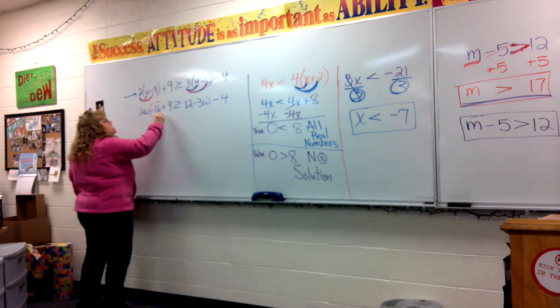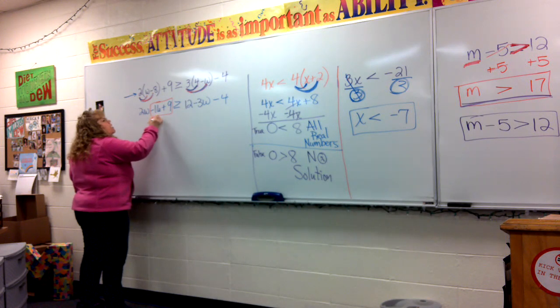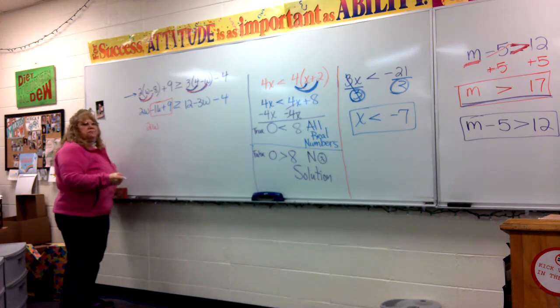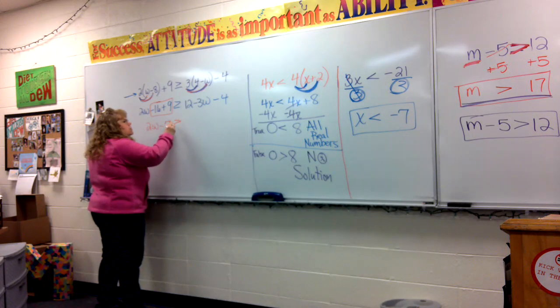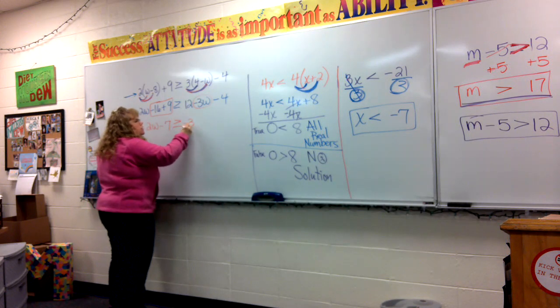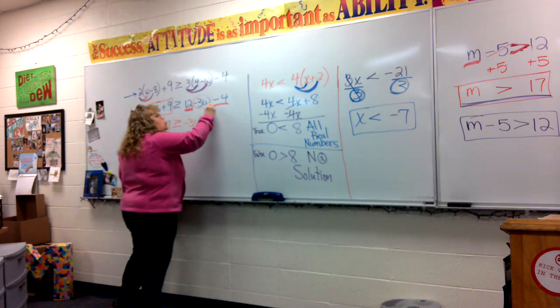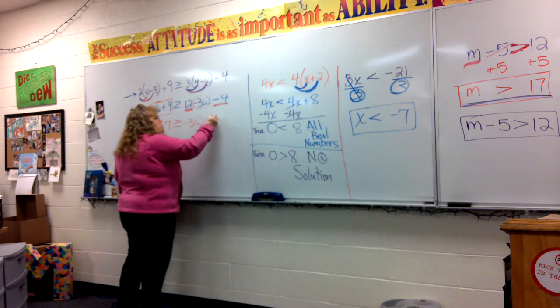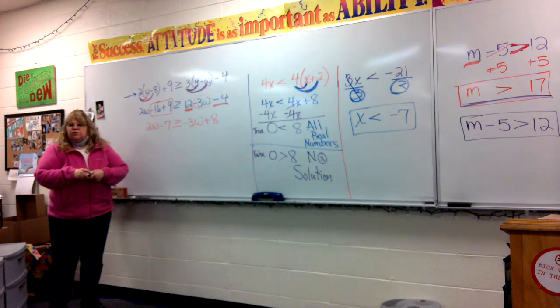Right here I have these. 2W. I borrowed 16, I paid you 9 back. Negative 7. Still owe you 7. On the other side, I only have that W, one of those, but I have a 12 minus 4 plus 8. So, got all the like terms together.